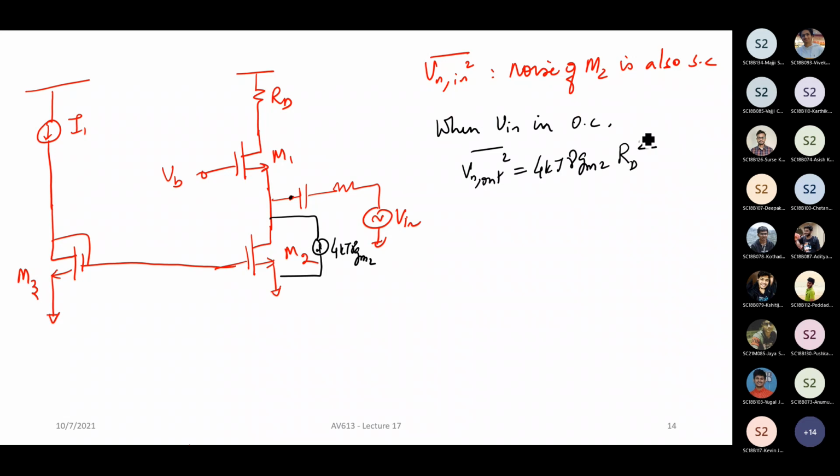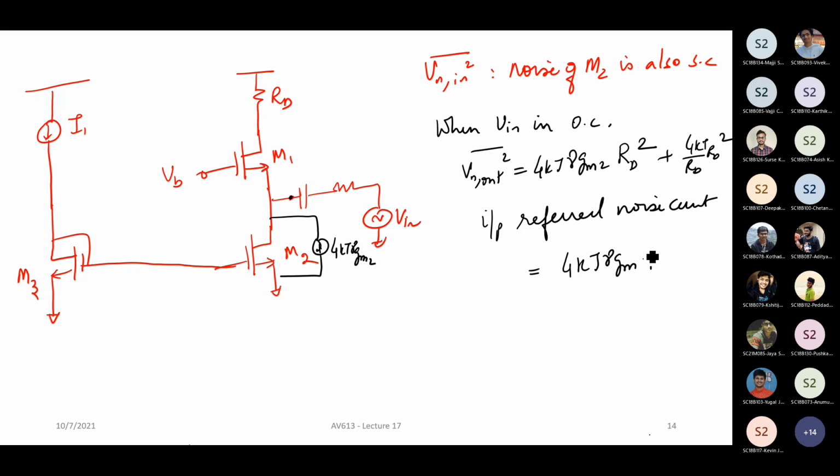And then this is the output noise, and the input referred noise current will be what? Basically the same current is going to come. So the input referred noise current will become the same 4 kT gamma GM2 added to 4 kT by RD, multiplied by RD squared. So you get 4 kT gamma GM divided by 4 kT by RD. So this becomes your IN in square bar.